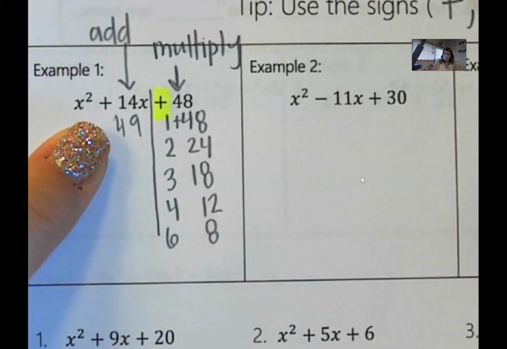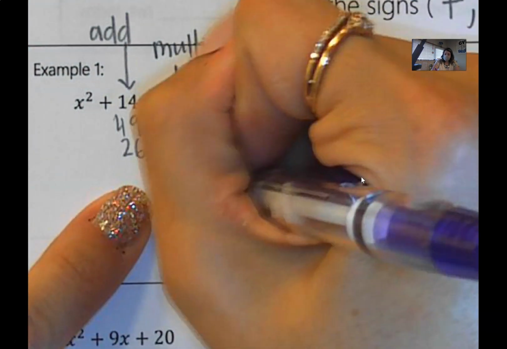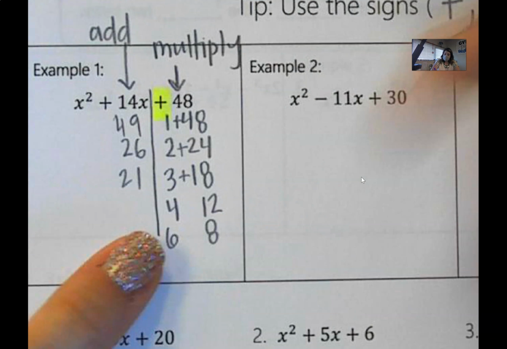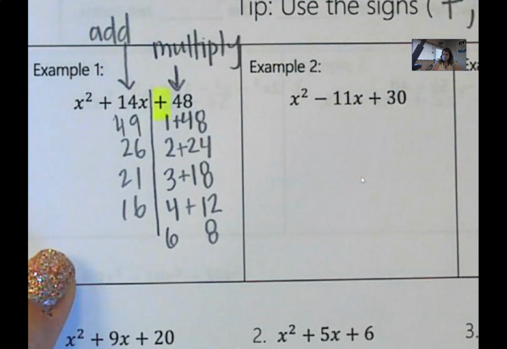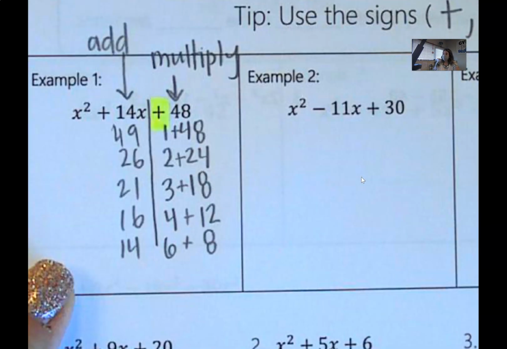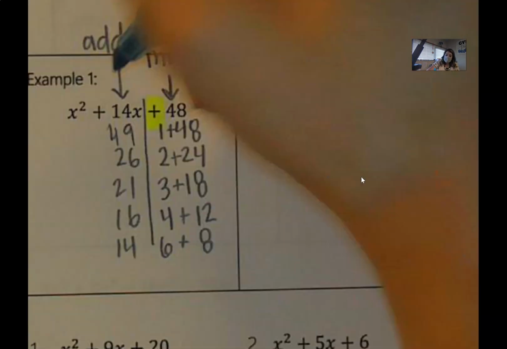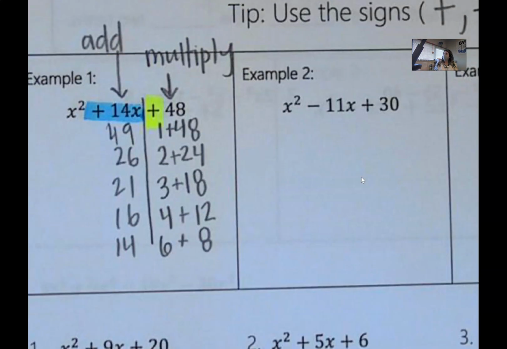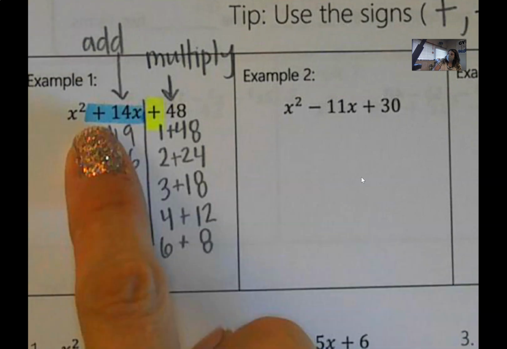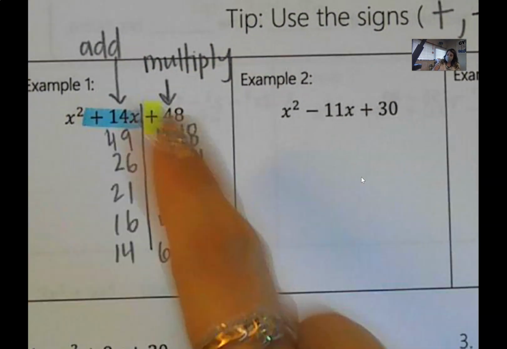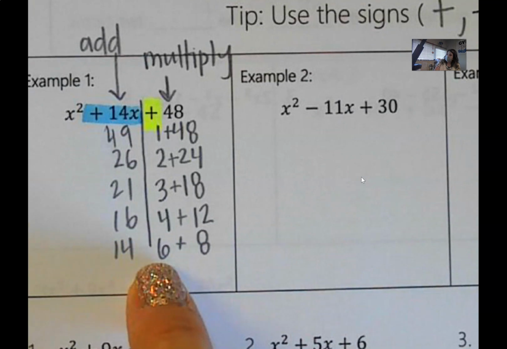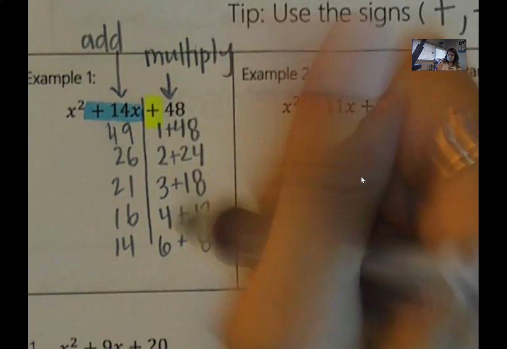That's going to give us 49, and I write it here in the center. 2 plus 24, 26. 3 plus 18, 21. 4 plus 12, 16. 6 plus 8 is 14. Now we want to verify or see if we have the number that we need. The number that we need is positive 14. We are looking for a positive 14. So I go through the list that I made, and it's the very last one that I wrote down.